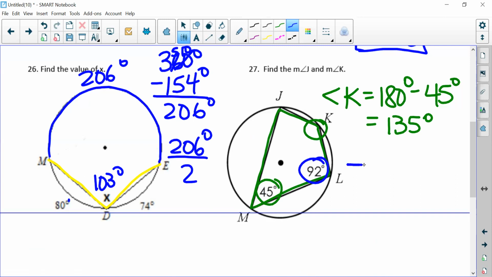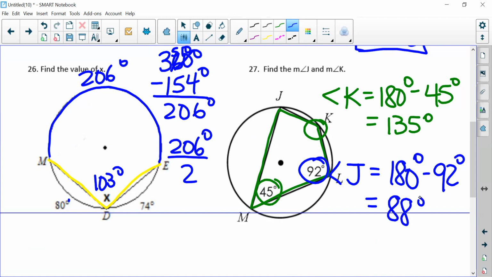So to find the measure of angle J, do 180 minus 92, okay? Which means that the measure of angle J is 88 degrees, okay? Y'all, that's it. That just goes back to one of our definitions.